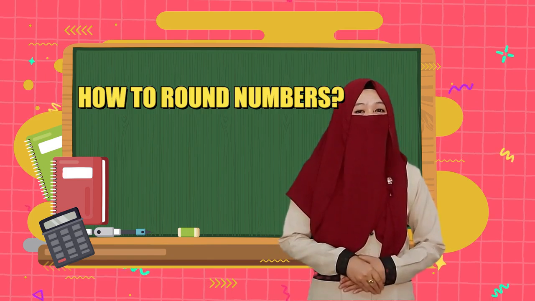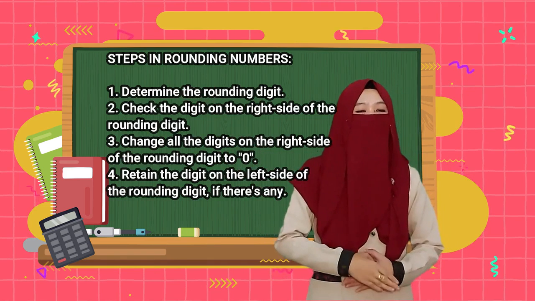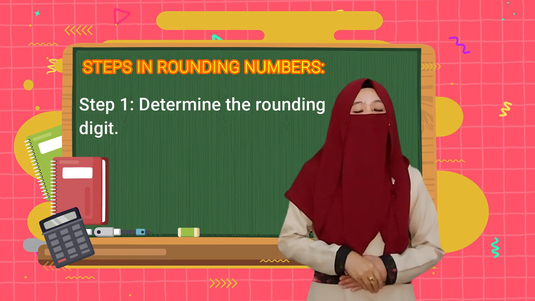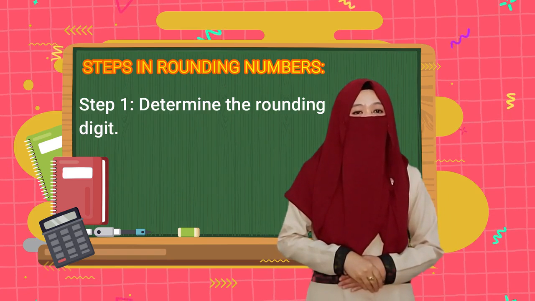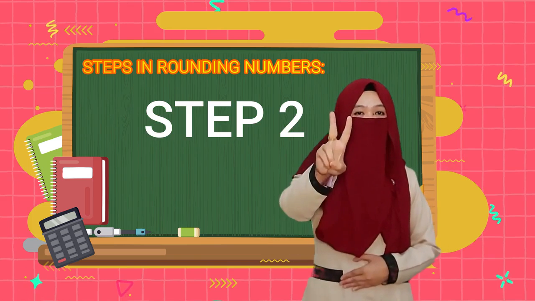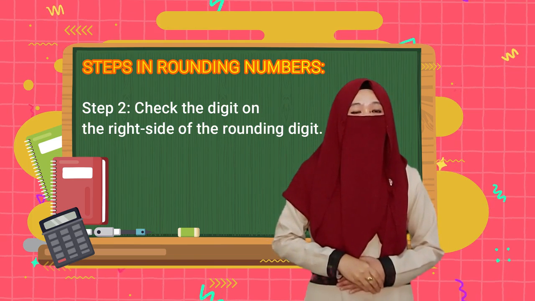You can round numbers by following the steps of rounding off numbers. Step 1. Know what place value is to be rounded off to determine the rounding digit. Step 2. Check the digit on the right side of the rounding digit.